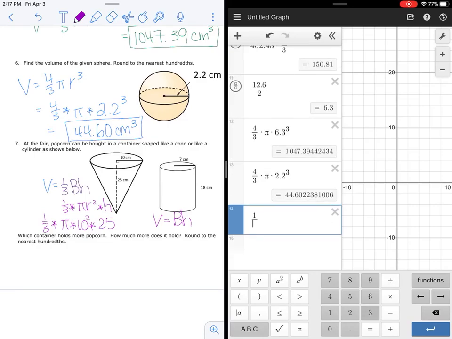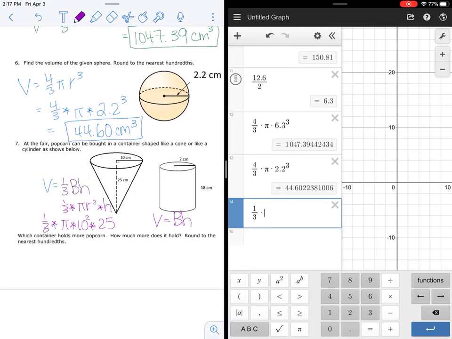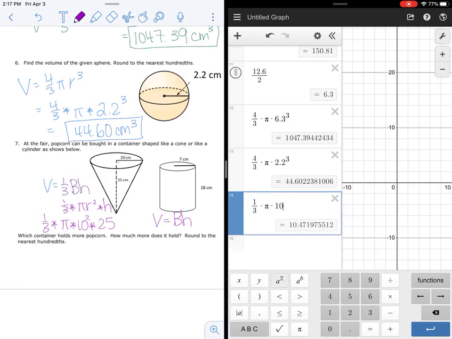So 1/3 times pi times 10 squared times 25. And that gives you 2,617.99 for the cone. Then we're going to do the cylinder.